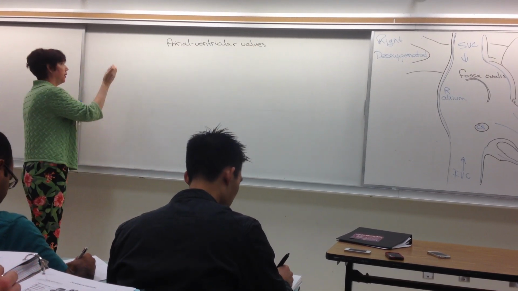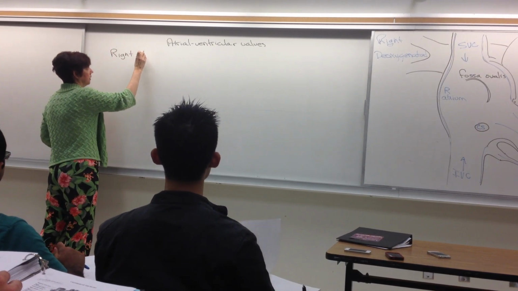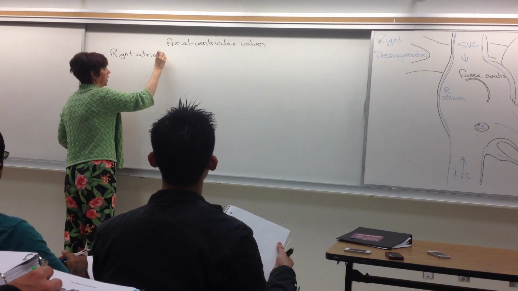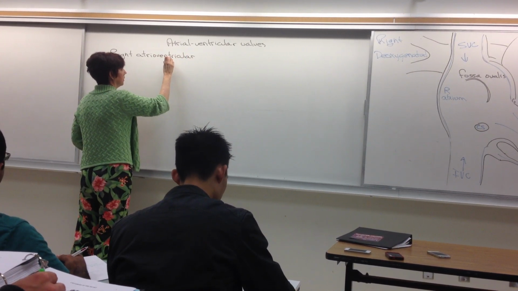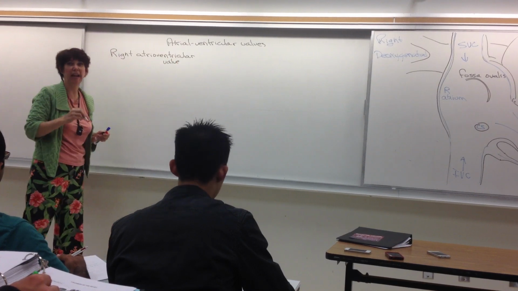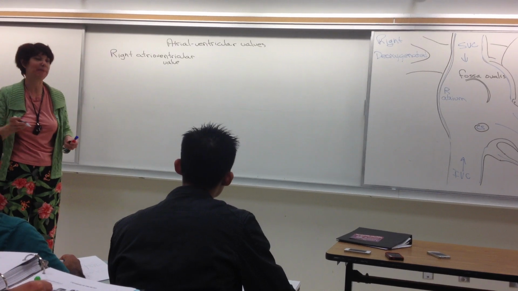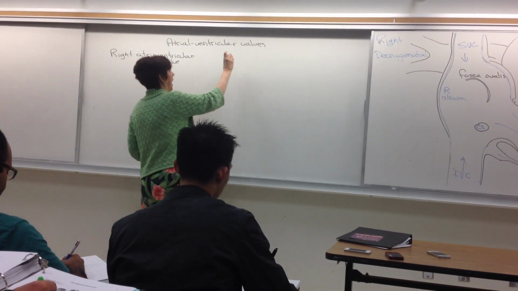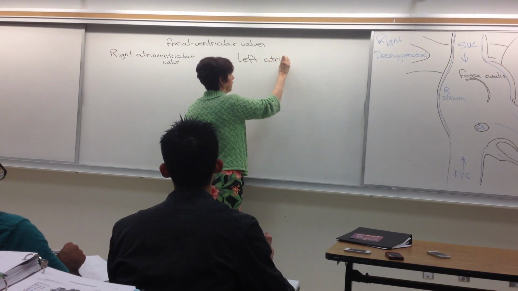So you can either learn them as right atrioventricular valve, abbreviated right AV, but remember for lab and quizzes and exams you need to spell the whole thing out, and left atrioventricular valve.